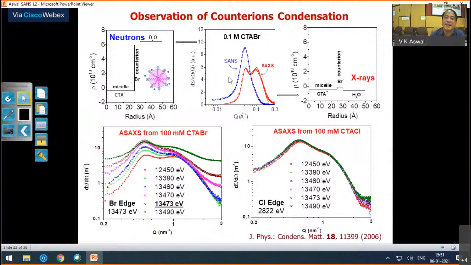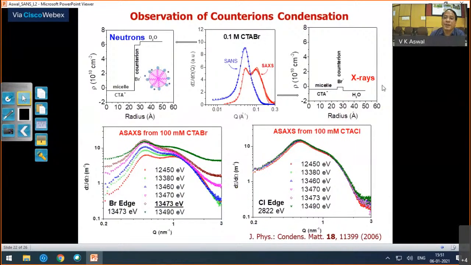And you can see the scattering length density variation. In the case of neutrons, you see mostly the core. And in the case of X-rays, you start seeing these counterions, which are not visible in the case of neutrons compared to the core, because there is a very strong contrast.